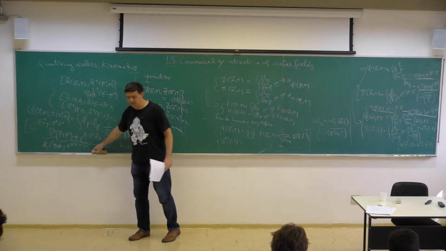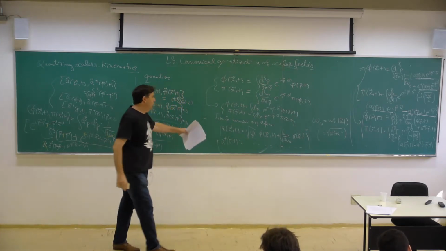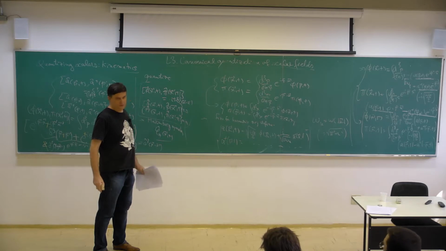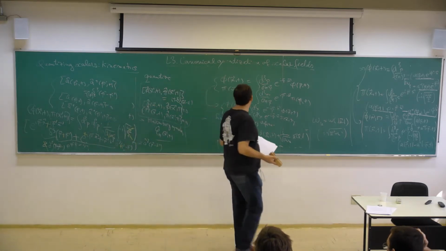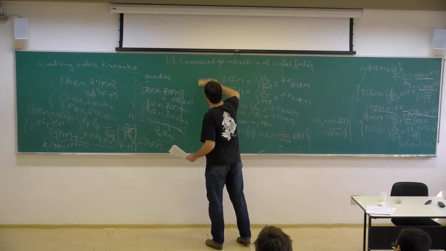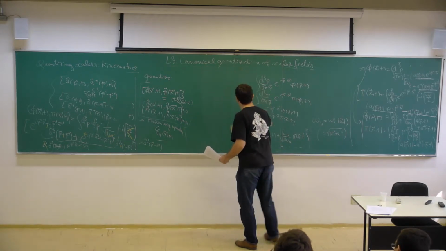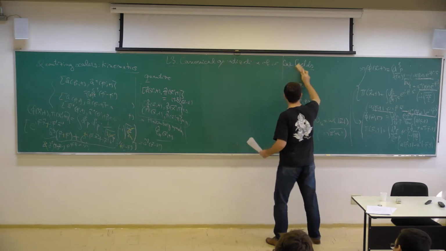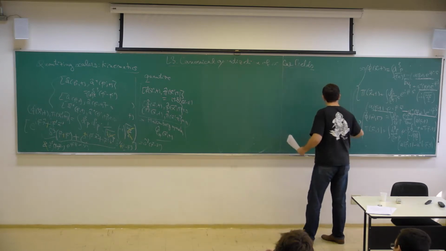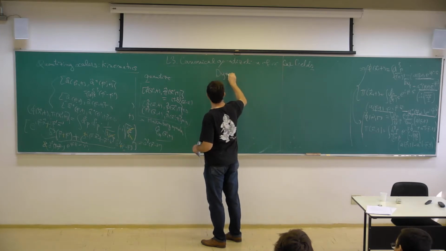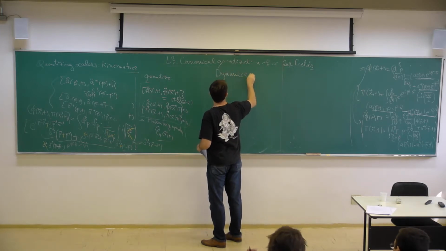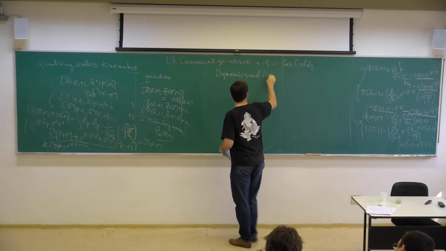I only used the fact that omega was only a function of the modulus. I didn't use the explicit form. But now let's consider the explicit form. So let's say now dynamics and time evolution.